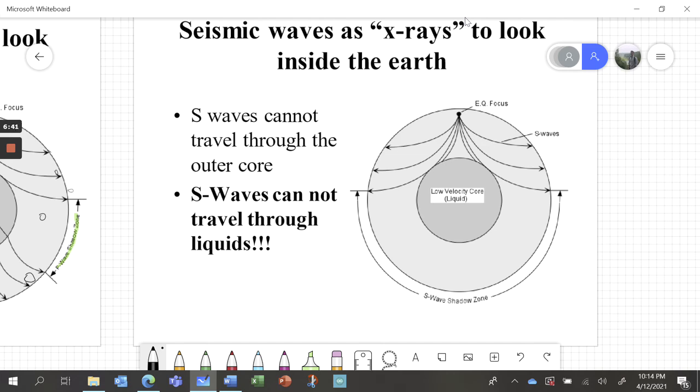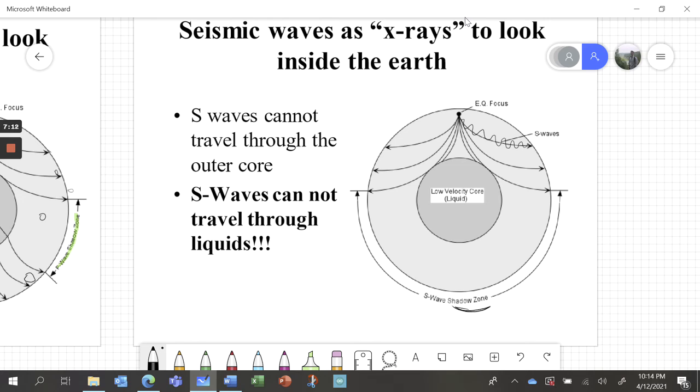The middle, the core of Earth is liquid. So the S waves, which are the transverse waves that travel like this, will not reach the other side of the planet. Only one side of the planet can ever feel an earthquake, can feel the secondary waves from an earthquake. So the shadow zone of an S wave is huge. It's like the whole side of a planet.